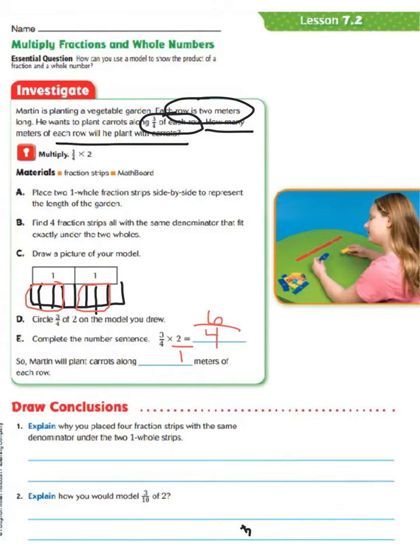Now, in order to simplify that, we can do it one of 2 different ways. We can think of a number that both the numerator and the denominator can be divided by. Since we've gotten pretty good at our multiplication facts, we know that both the numerator and the denominator can be divided by 2.